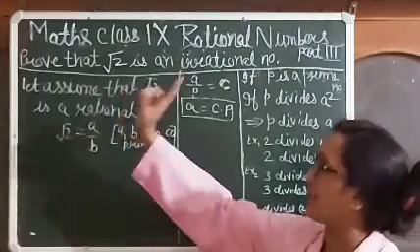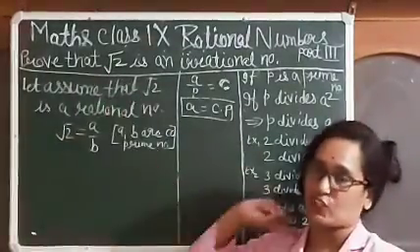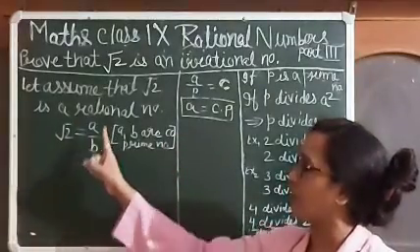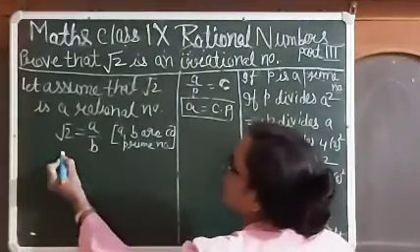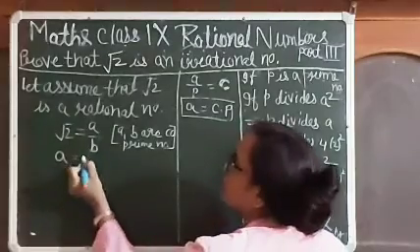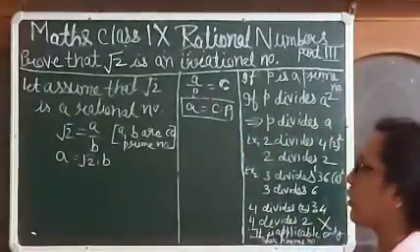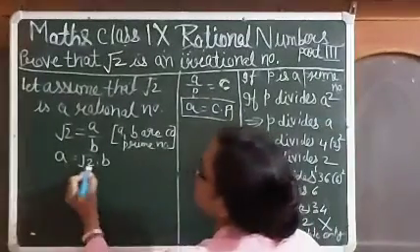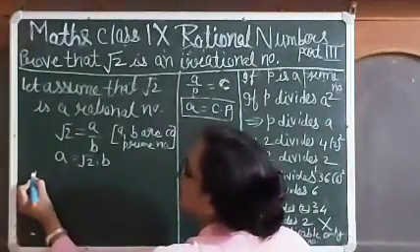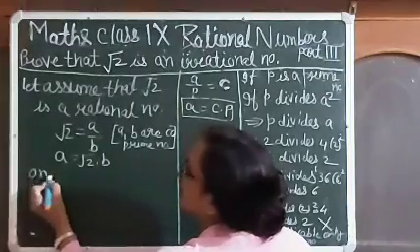So here we assume that root 2 is a rational number, so root 2 is equal to a upon b. We do the cross multiplication: root 2 into b equals a. Now we take the square on both sides.